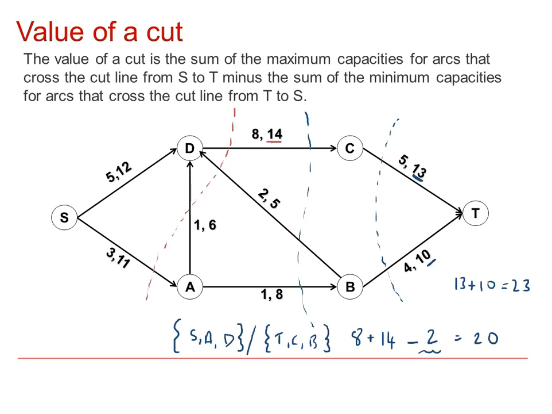So 14 is going from D to C, and 11 is coming from S to A. So we've got 14 plus 11, but then we've got 2 arcs which are going from the sink set into the source set, and the minimum capacities of those are 1 and 2. So from A to D and from B to D, those minimums are 1 and 2, so we must subtract those, giving a total cut capacity there of 25 minus 3, which is 22.